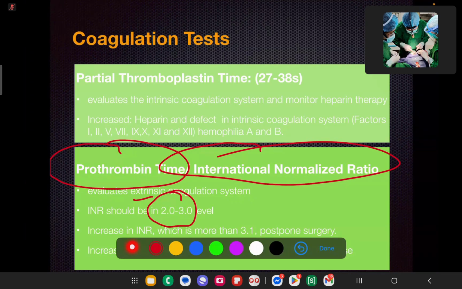Now, if it's 1.58 or 1.59, don't perform the surgery. If it's 3.1, don't perform the surgery because you would be going out of the therapeutic and normal level of your Coumadin and of course your warfarin.